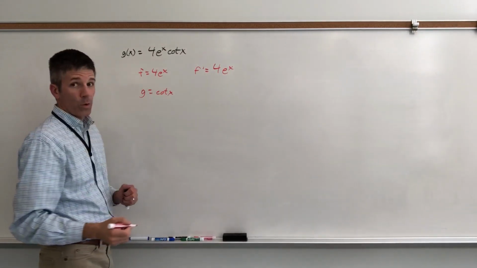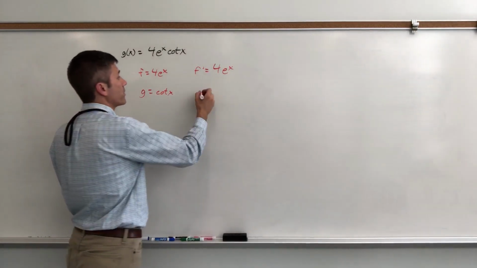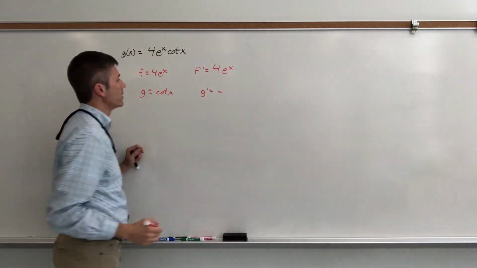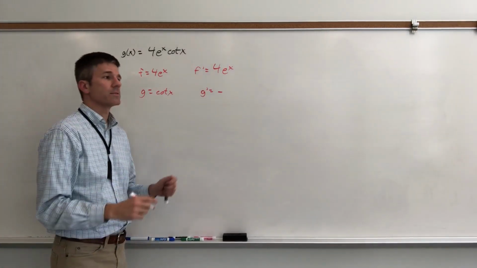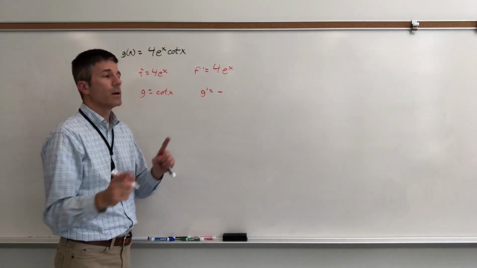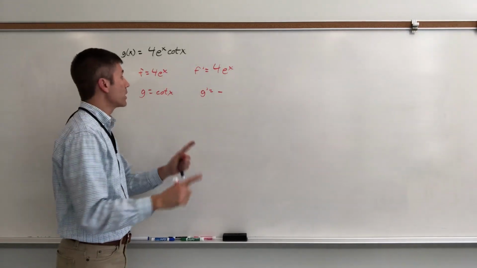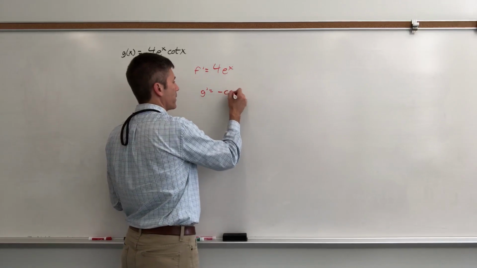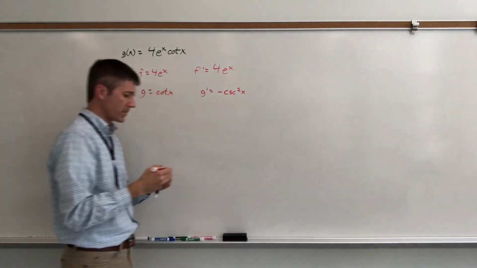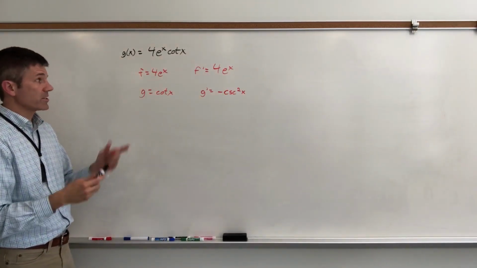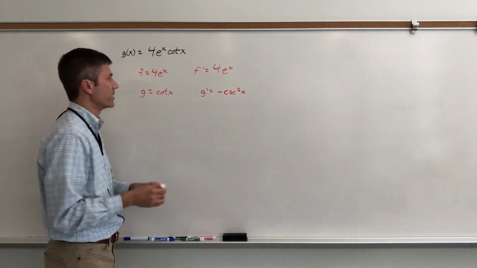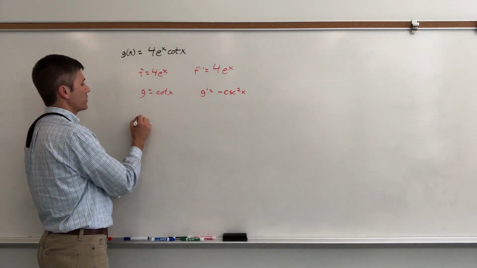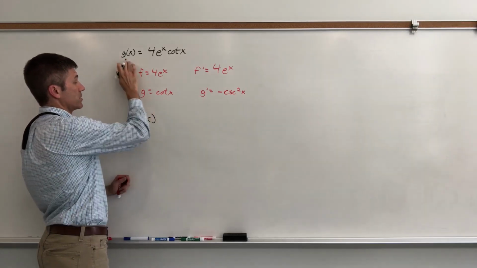The derivative of co is going to be negative something. The derivative of cotangent is negative. All right. Tangent is secant squared. Cotangent is negative cosecant squared. There we go. And let's do the product rule on this thing and just jump straight to the final answer and clean up if necessary. So we have g prime, again, that is this g prime, not that one.